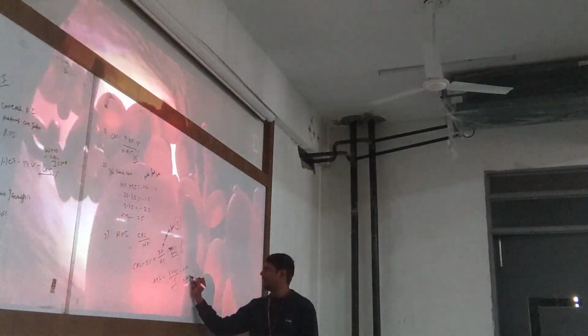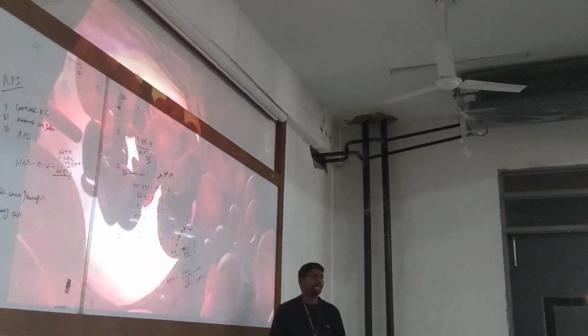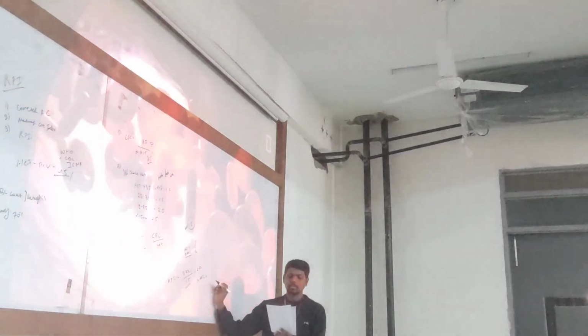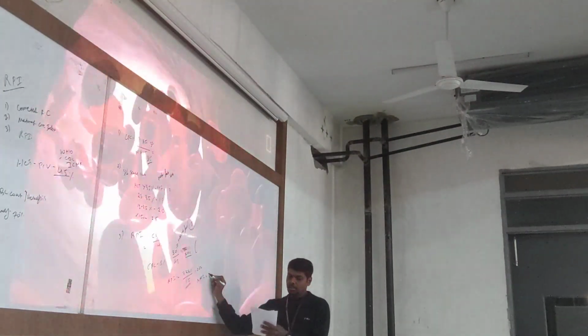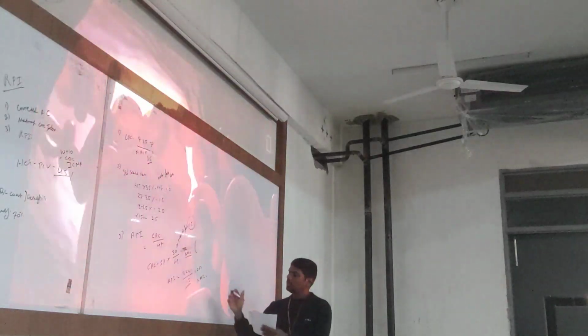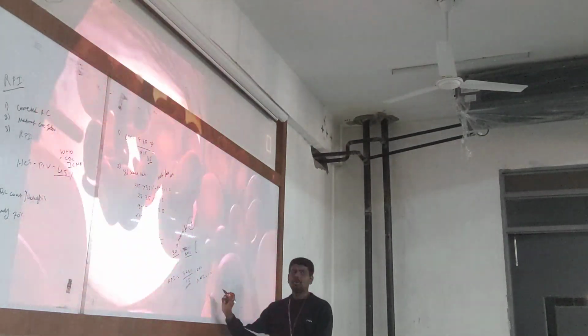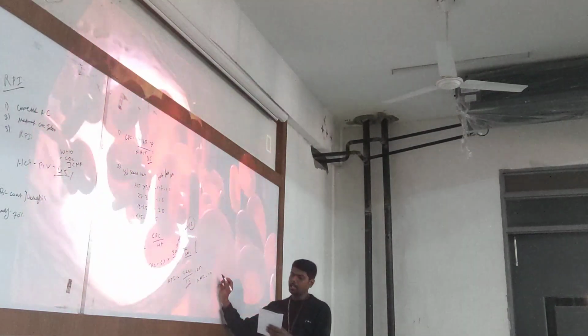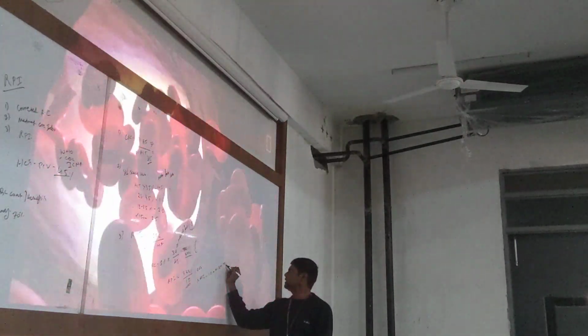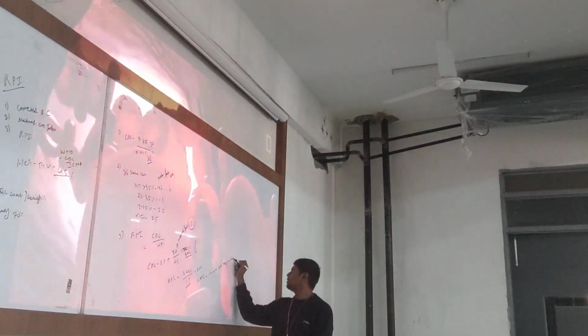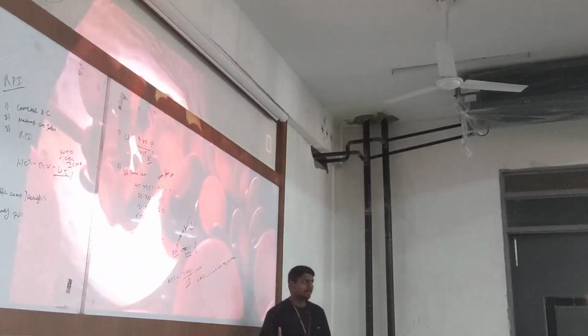Normal RPI value is around 1.0. It should be around 1.0. Then it indicates normal bone marrow response to ongoing anemia.